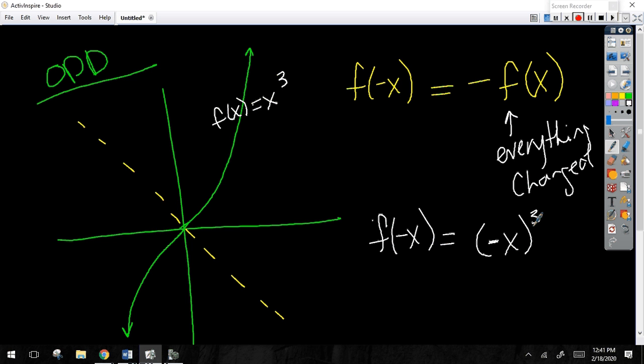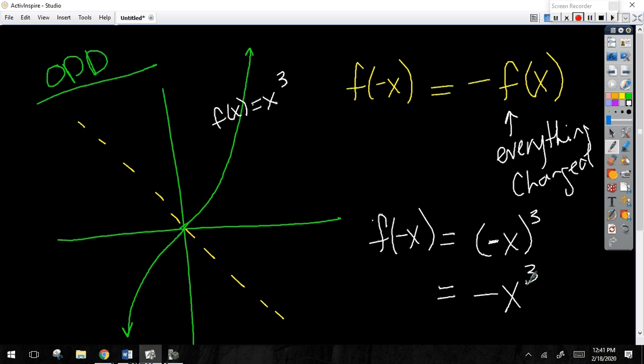What happens when you raise a negative number to a third power? It stays negative, right? Because a negative times a negative is a positive, and then times another negative is negative again, right? So this becomes negative x cubed. And that's why it's odd.